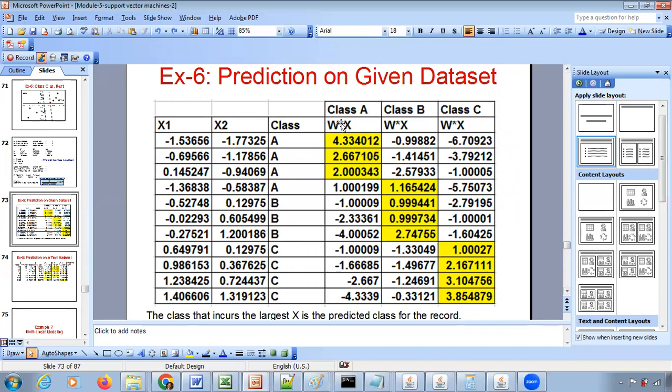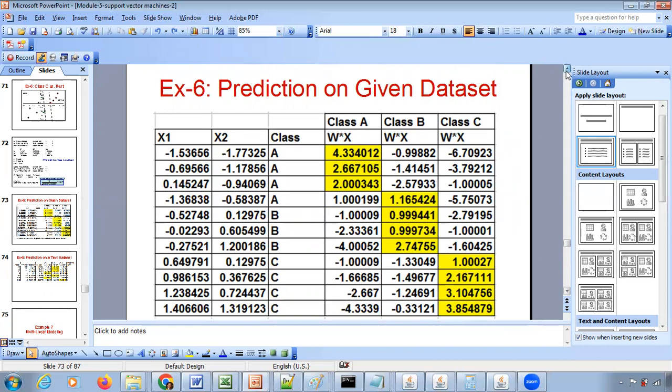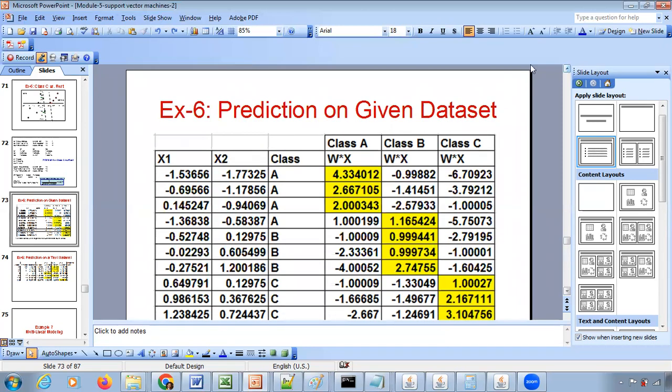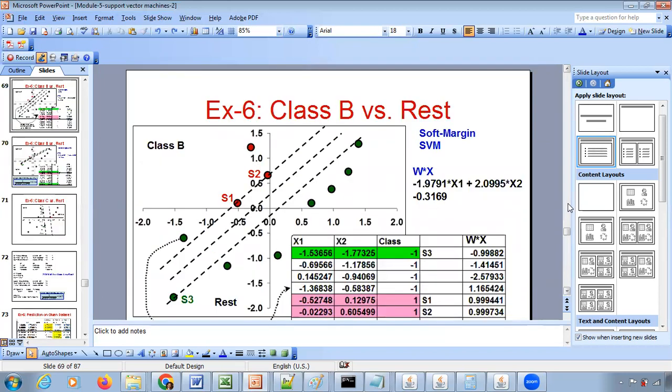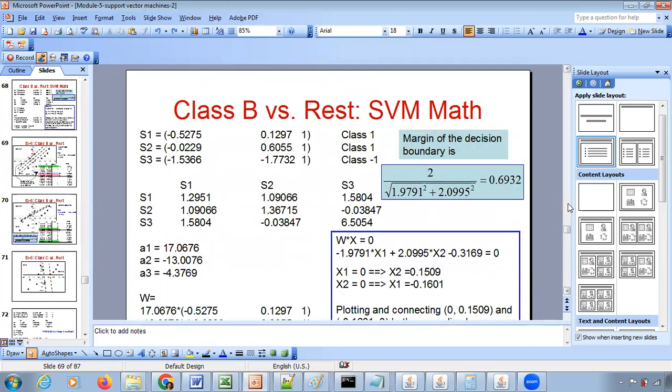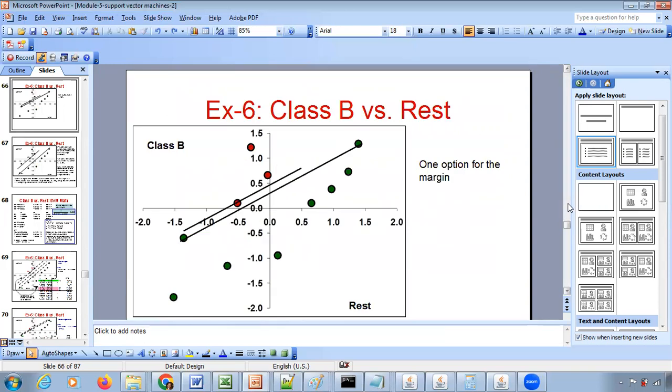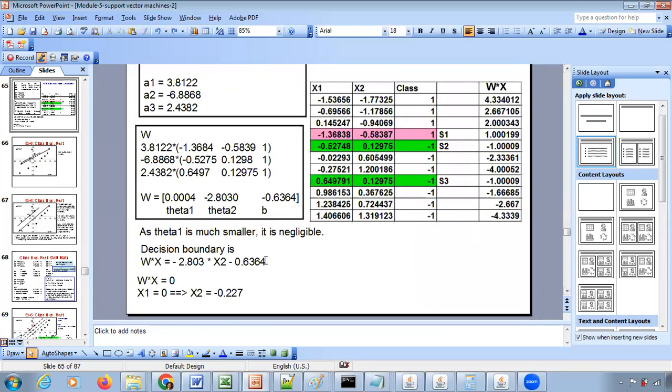So we got the WX values for each, which I didn't write on the top here. I could have written it, but there's no space. But it should be clear by now what WX values we use for each class. So for class A versus rest, this is the WX equation we are going to use.